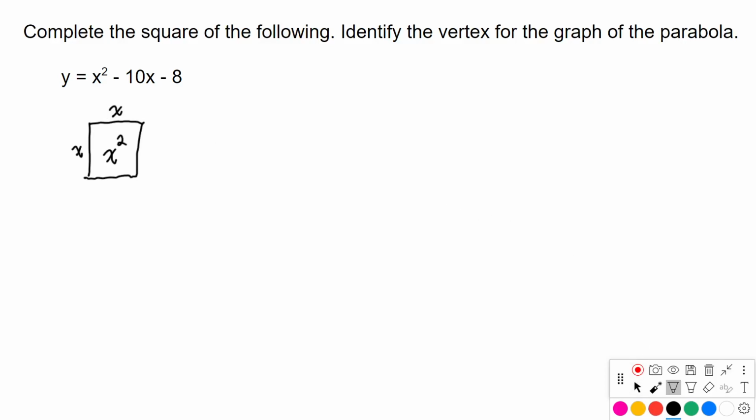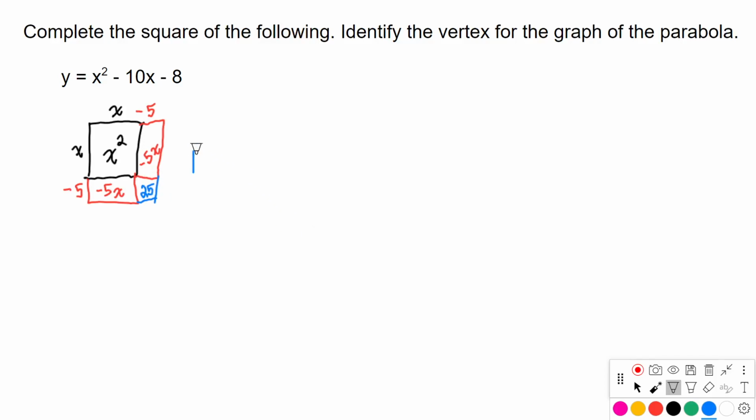I need to divide the -10x evenly on 2 sides. Half of -10 is -5, so I'm going to subtract 5 from my x values. That gives me -5x and -5x. And to complete this square, -5 times -5 is 25.